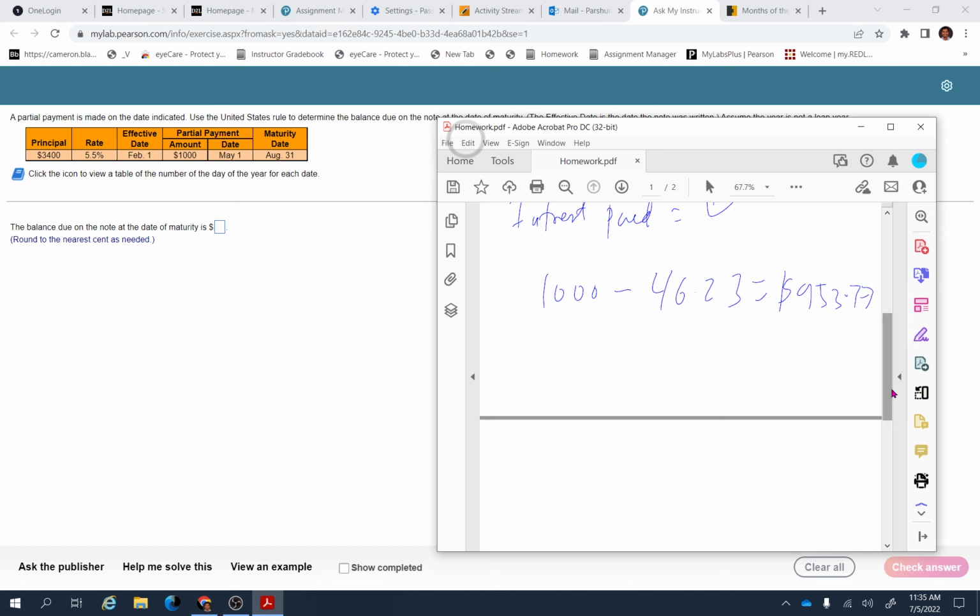So what is the leftover principal now? Initially the principal was 3400, and now $953.77 was paid on May 1 after the interest payment.